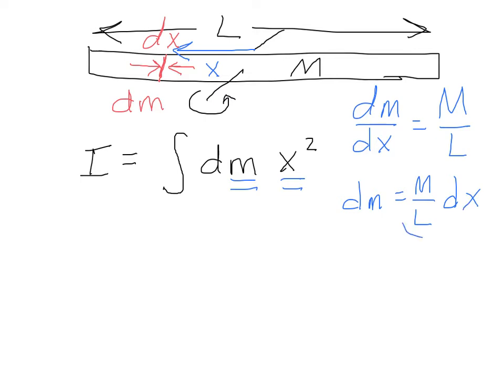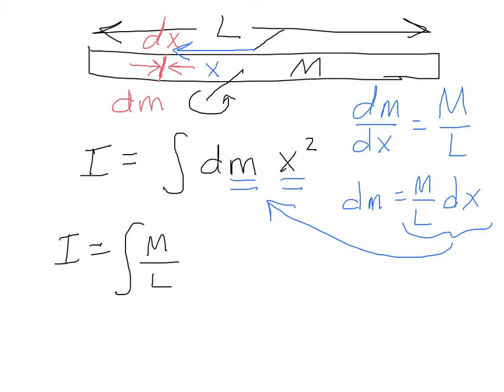And so I'm going to take this whole quantity here, put it in my integral, and now I can write that I is the sum of all of the m over L dx, and of course I have the x squared that I had in the original relationship right above.